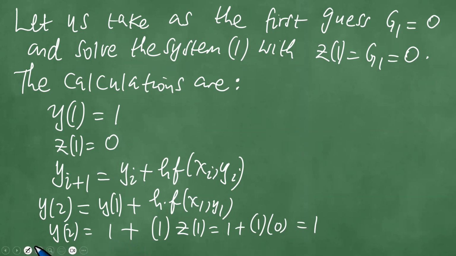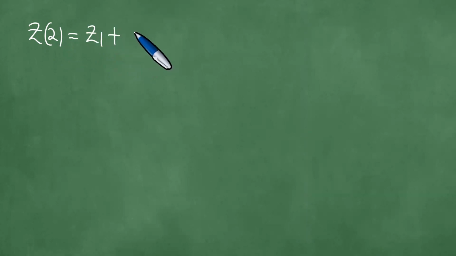Then, because we start with y, z, we can get y2, z2. Z2 now: z2 equals z1 plus h times the derivative of z.